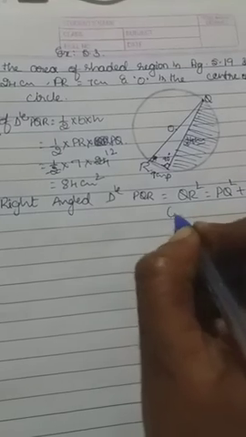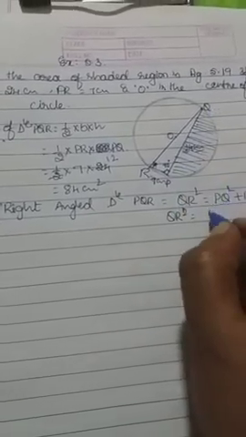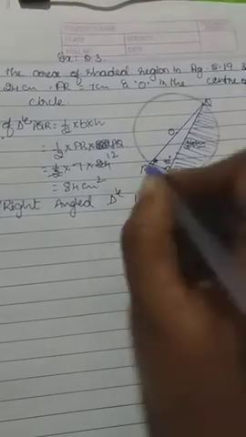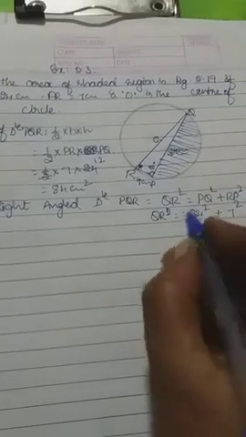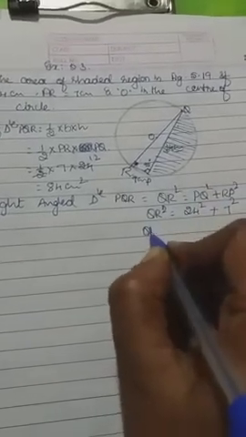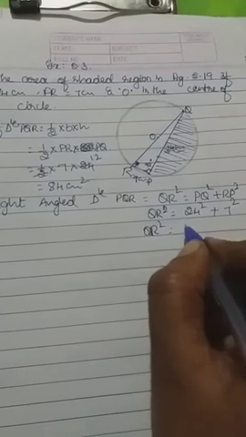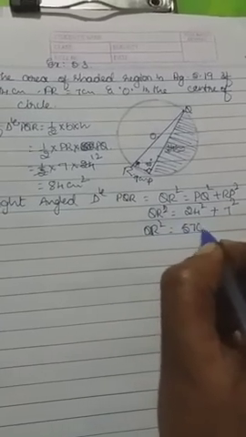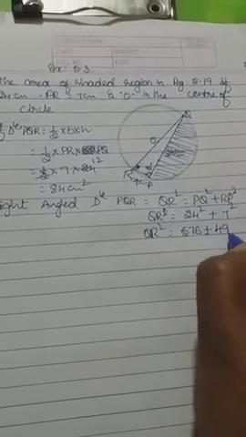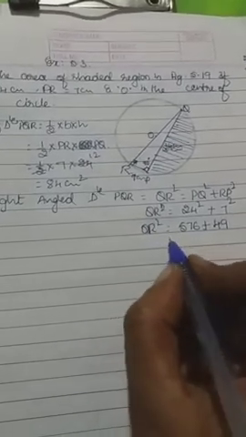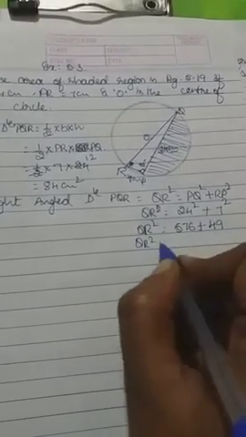QR square equals 24 square plus 7 square. 24 into 24 is 576, plus 7 7s are 49. QR square equals 576 plus 49.